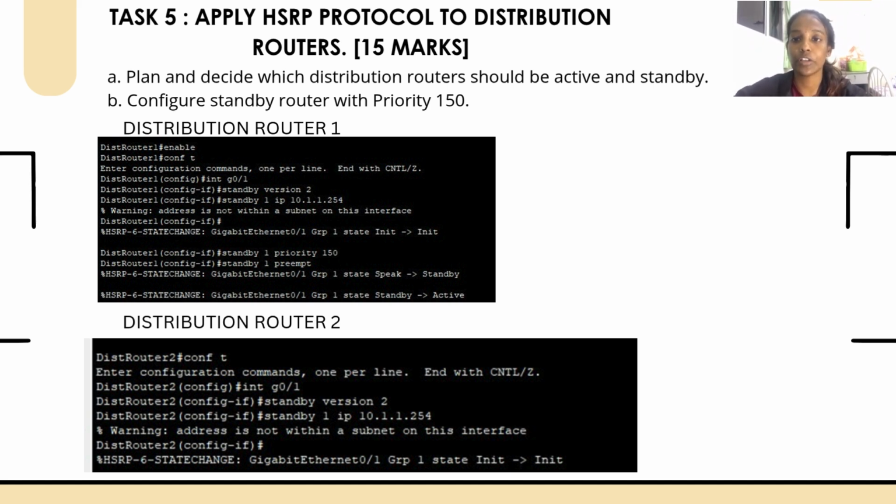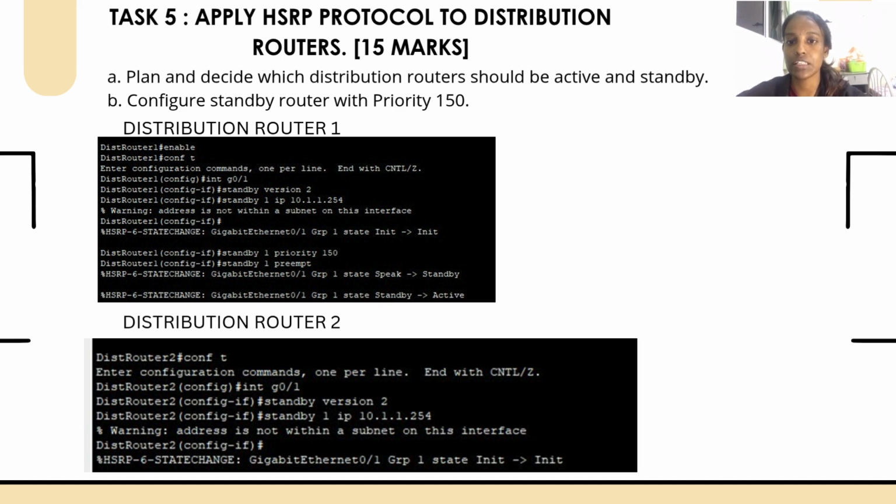We are required to apply the Hot Standby Router Protocol, known as HSRP, between the two distribution routers to ensure high availability for users on floor 1 and floor 2. In our configuration, we decide distribution router 1 will serve as the active router, while distribution router 2 will act as the standby router, as asked in the question.